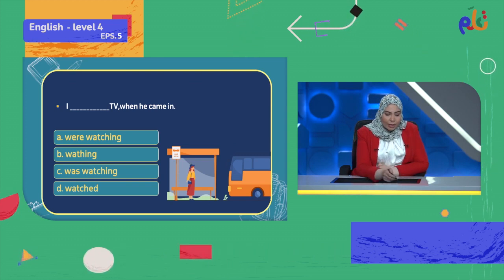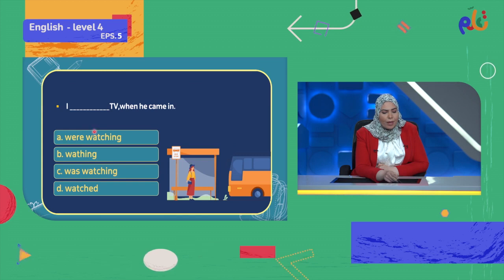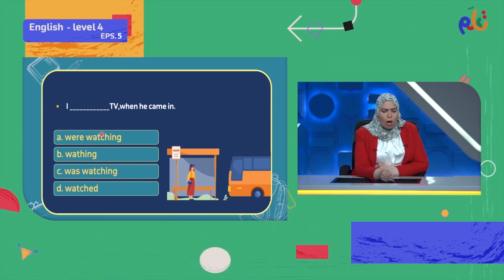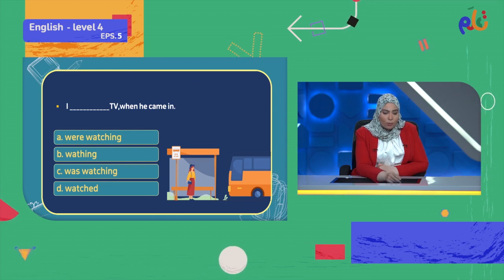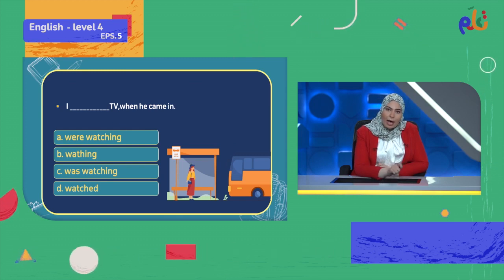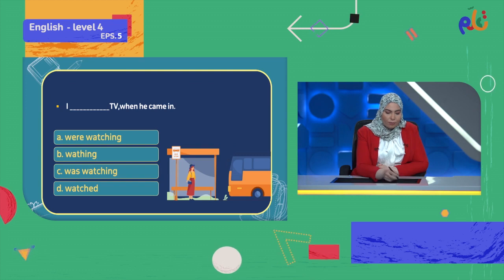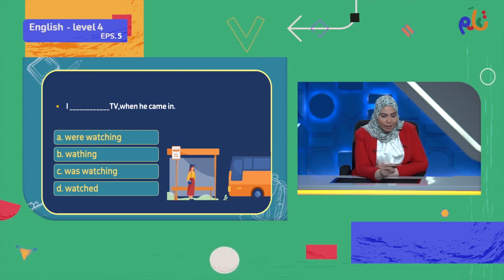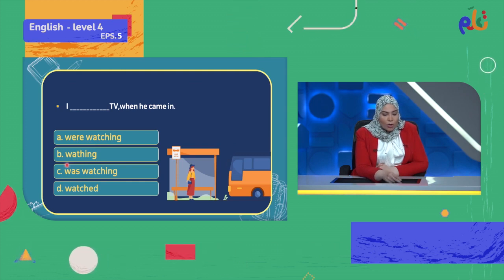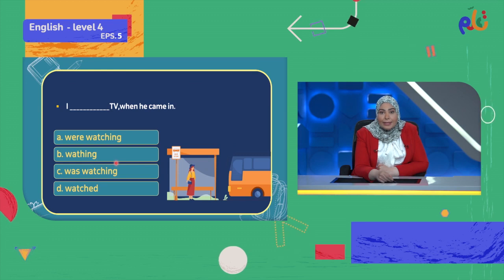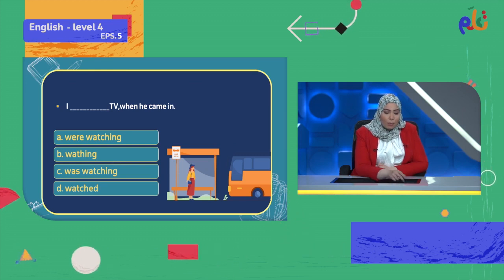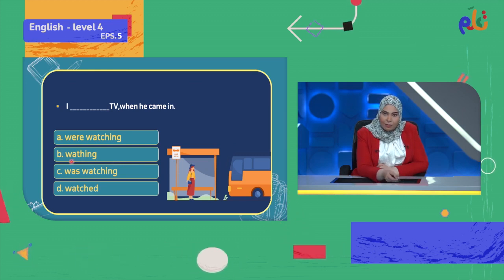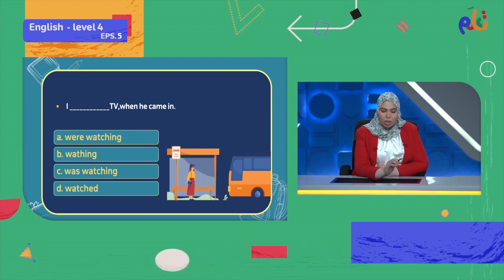The first one, after I, were is not okay, because after I, never were. I watching, it doesn't work because I don't have a helping verb and we have ing. I was watching, this is okay. Because after I, the helping verb is was, and we have the ing, it's okay.